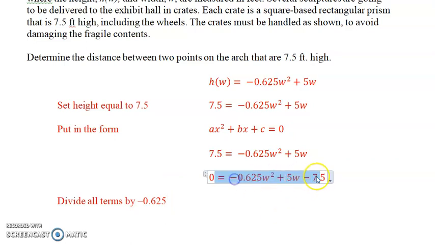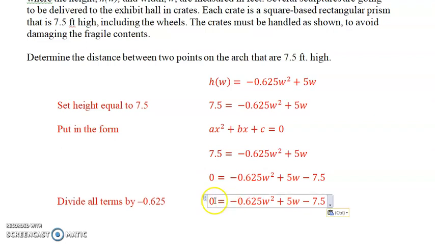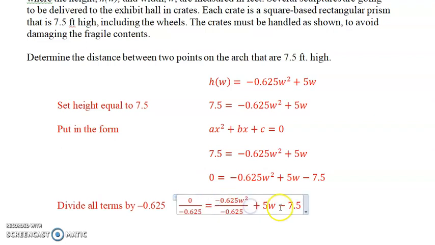So we take our equation. Divide all terms by negative 0.625. So you notice, divide everything here.